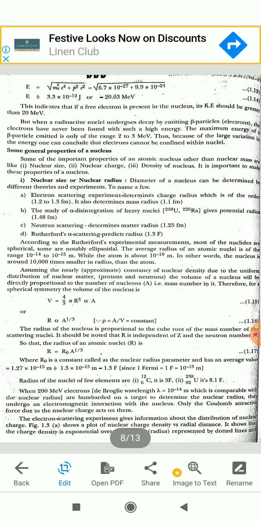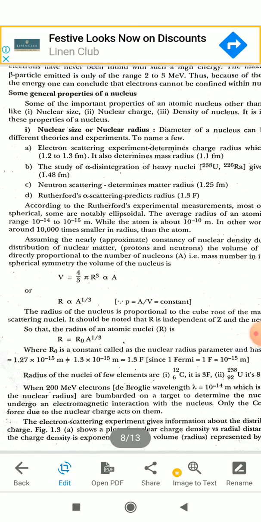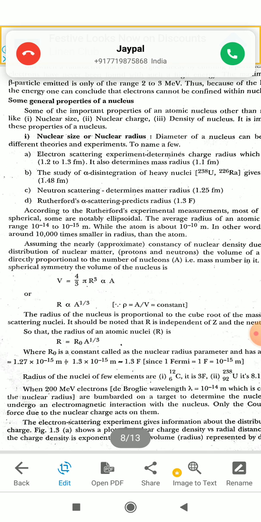So if we equate, the radius of atomic nuclei is R equals R naught A to the power 1 by 3, the cube root of A, equation 1.17, and R naught is a constant nuclear radius parameter, whose value is 1.3 into 10 to the power minus 15 meter.